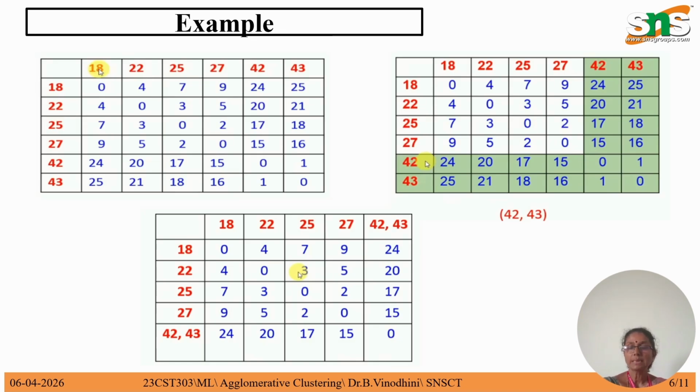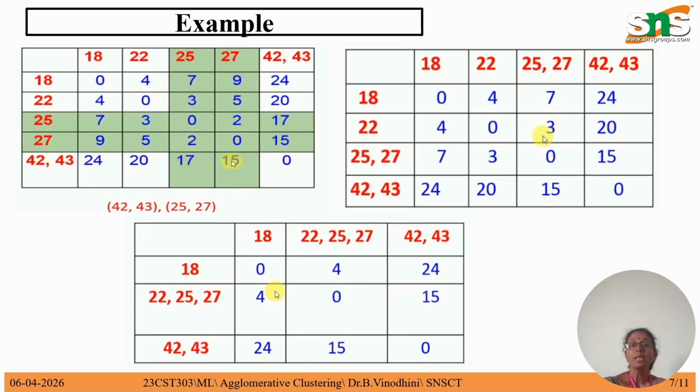This is one particular example. Here we already have the distance matrix. From the distance matrix, we find the smallest distance clusters and merge them. This process is repeated until we reach one cluster. In this example, 42 and 43 are merged first. In the next step, we merge that cluster with 26 and 27, and the second cluster is formed.